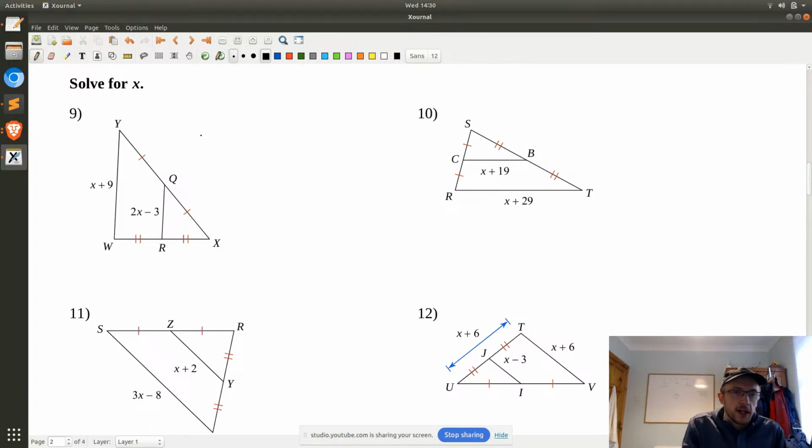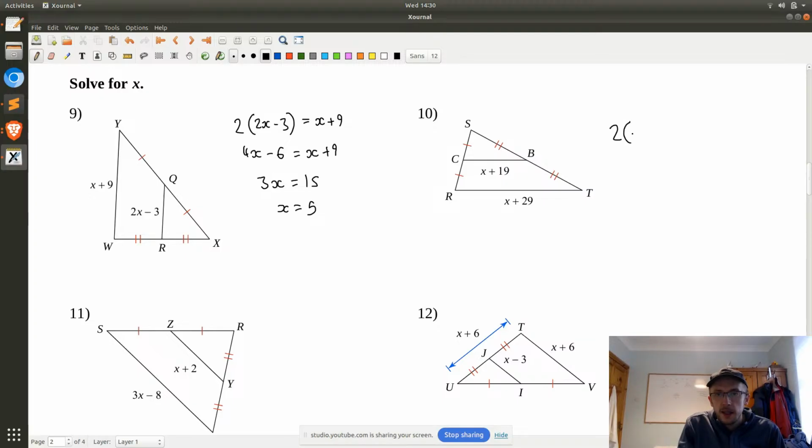Okay, solve for x. All right, well, we know that double 2x take 3 is equal to x plus 9. So expand and solve, and x is 5.